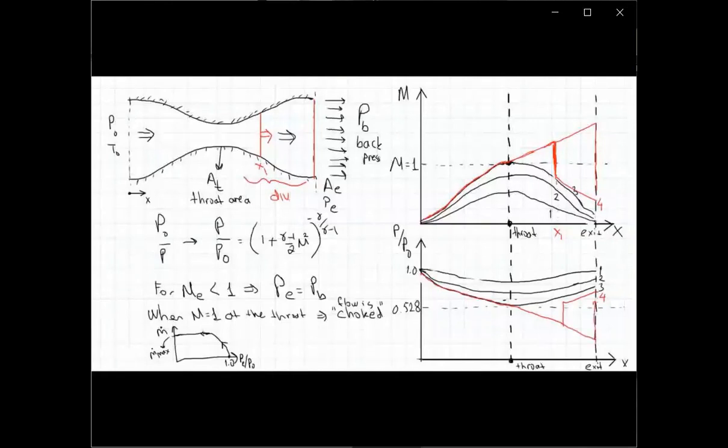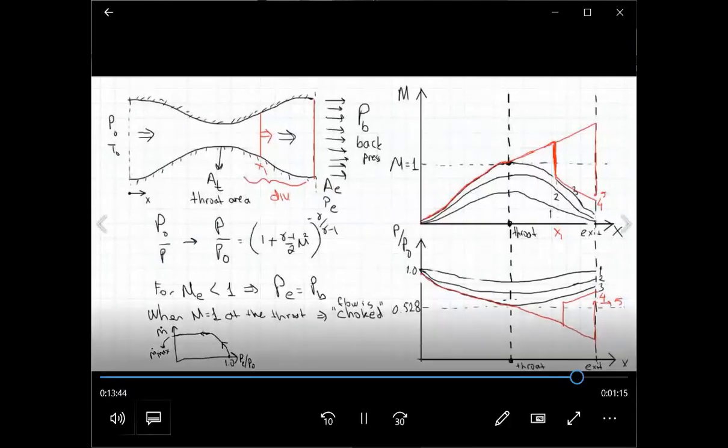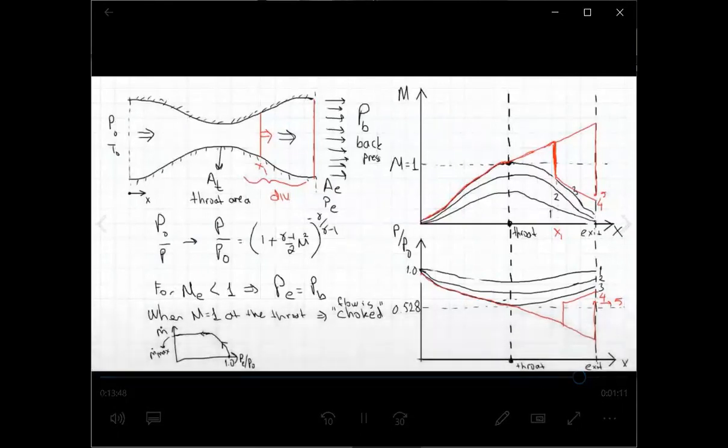So let's say this is going to be our scenario 5. Okay, exit is still subsonic with high pressure, and similar to scenario 4, there is a shock wave. It's not inside the channel, but it's right at the exit plane.